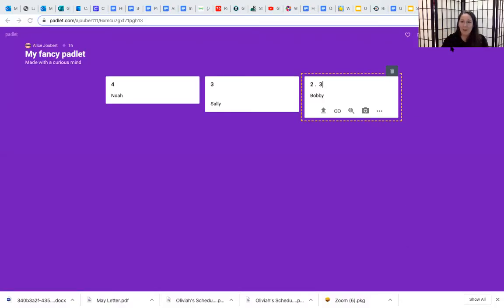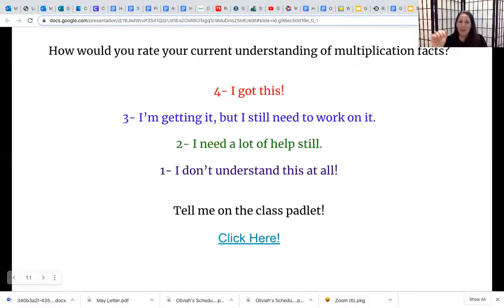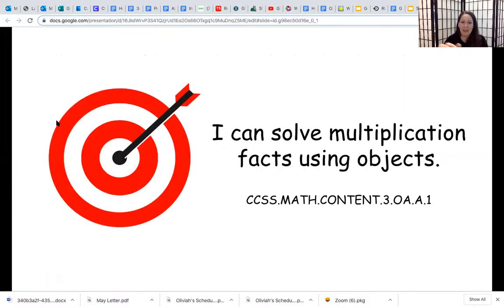So let me stop sharing this. Oh yes, and one last thing is after I would have them do the Padlet again, and we don't always have to do the Padlet, sometimes I like to mix it up a little, do different things.